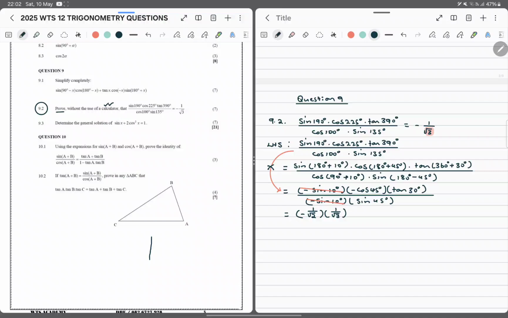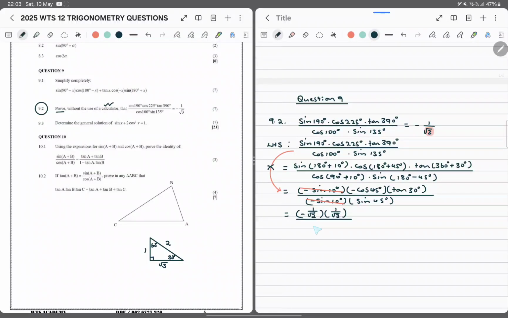Let me think again. Don't think I remember this well. So if we've got 90, this is 30 degrees, this is 60 degrees, adjacent to 30 is root 3, opposite is 1, that is 2. Now tan of 30 is, yes, 1 over root 3. Okay, good. Sometimes you forget, you just need a bit of a reminder.